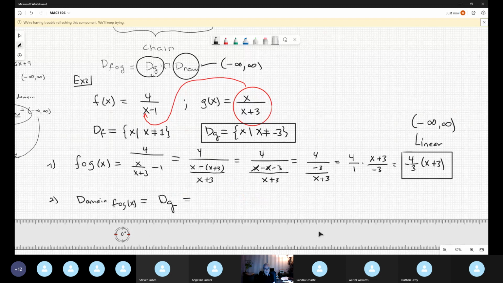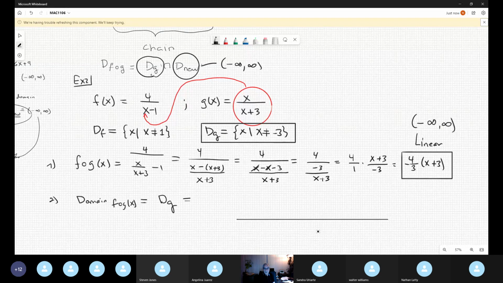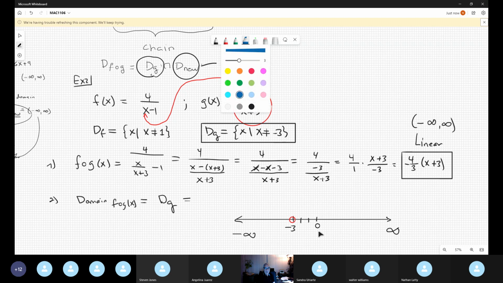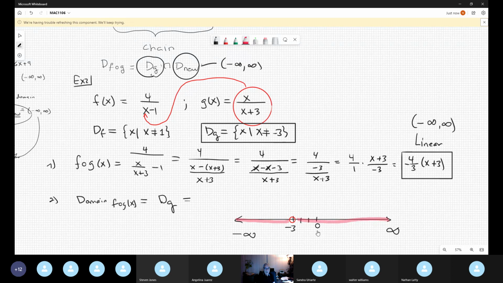This is the real number line, with positive infinity and negative infinity, and the restriction is at -3. Here we have 0, 1, 2, 3, and at -3 we have a hole. The rest, we have no problem. So my domain is the part that I highlight in red color.